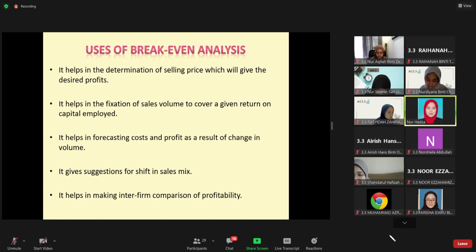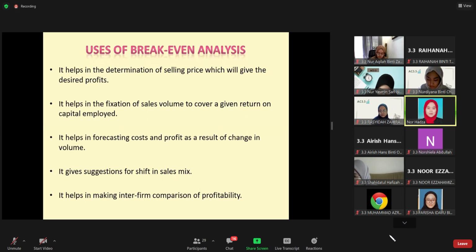It also gives a guideline if the company would like to change its sales mix. When there is a change in sales mix, what will happen to the profitability? You can do this by using this analysis. It is also helpful to make a comparison for interfirm profitability.